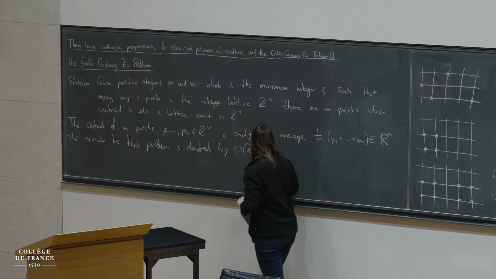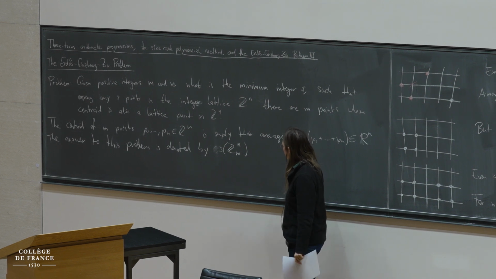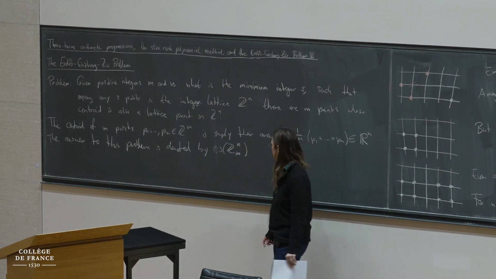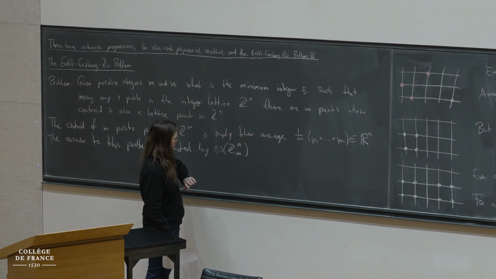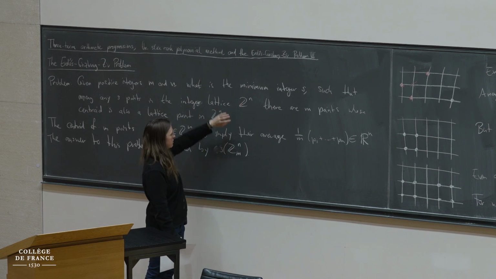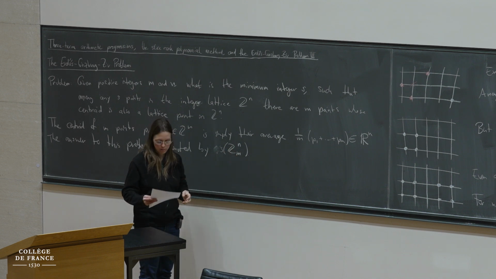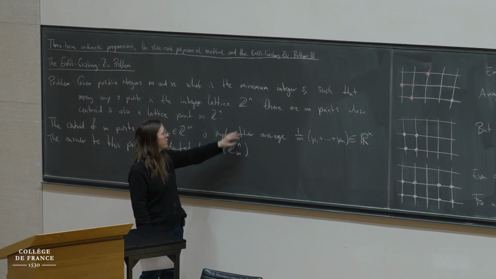Now this notation S of (Z modulo m)^n might look a little bit strange at first, like maybe something like S of m, n would be more natural. I think there are different notations for this, but this notation is very common because it reflects that this can be naturally translated into a problem in (Z modulo m)^n, namely a problem about sequences or multisets in (Z modulo m)^n.